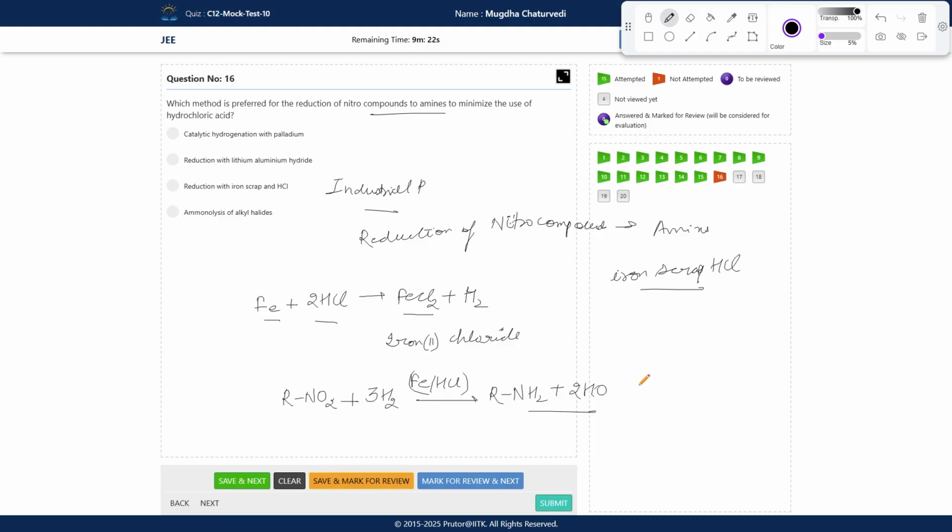Okay, so if I look at a particular example, here if you have a nitro compound, when you treat it with Sn plus HCl or with Fe plus HCl, it gives an amine, which is NH2.